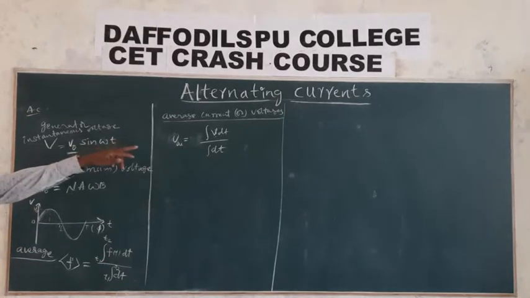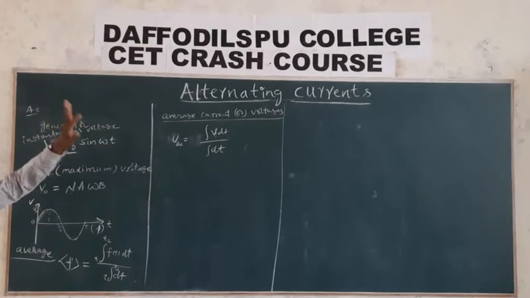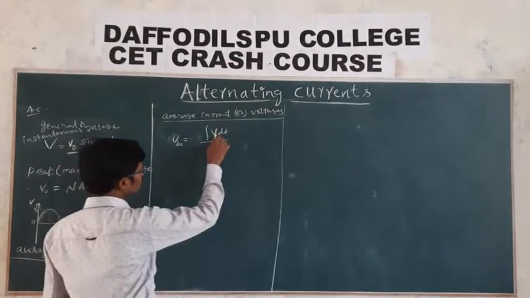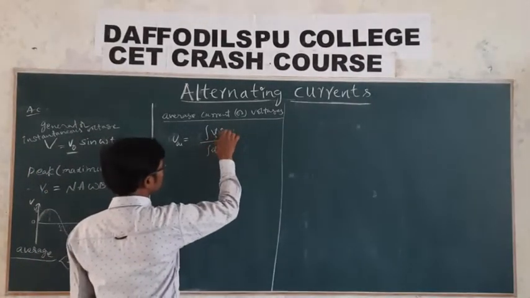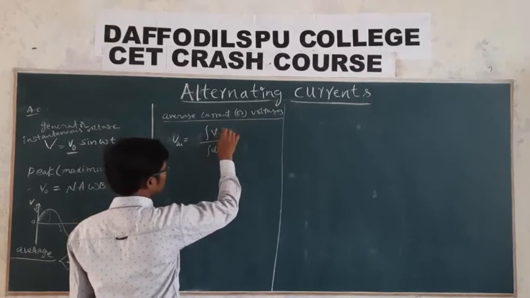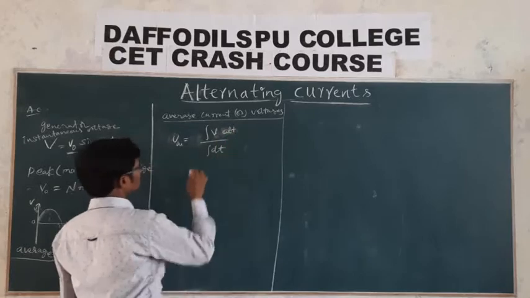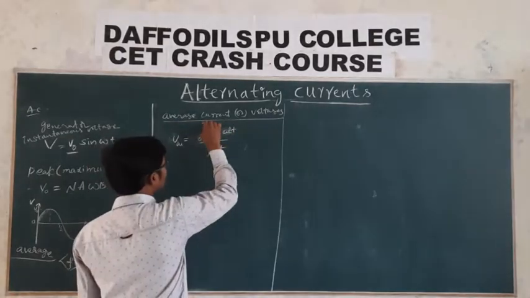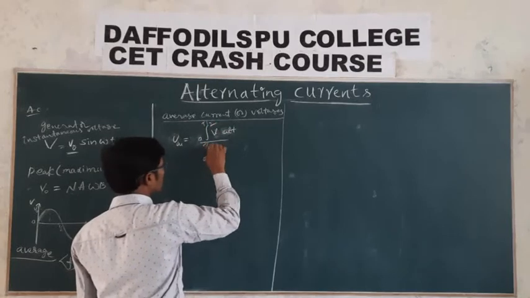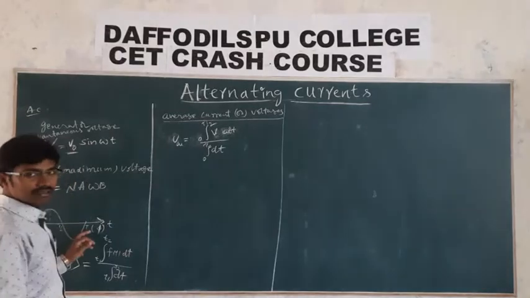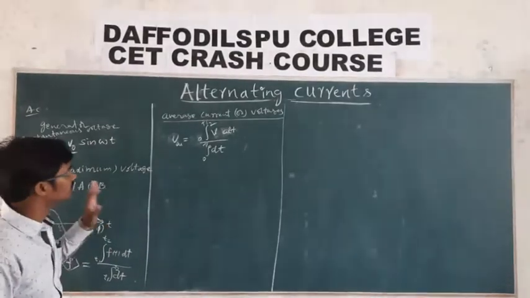Integral V naught sin omega t dt, and limits are from 0 to T. But this average current is defined only for half cycle, because for a complete cycle, average current or average voltage will become 0.